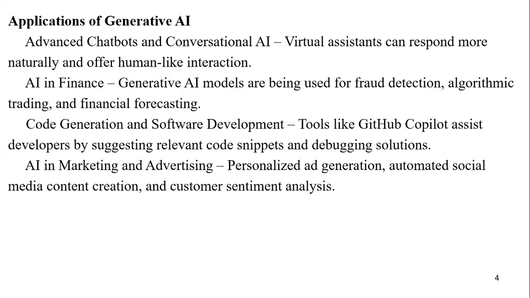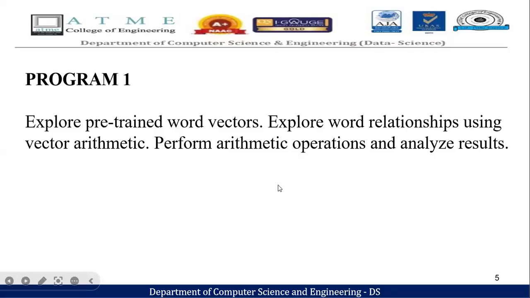For code generation and software development, nowadays many students and youth depend on generative AI to learn more, such as code or anything related to development. They also rely on generative AI in marketing and advertising. These are the main applications of generative AI.